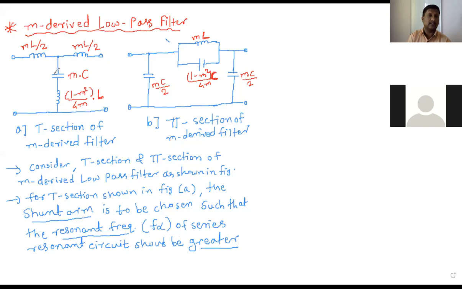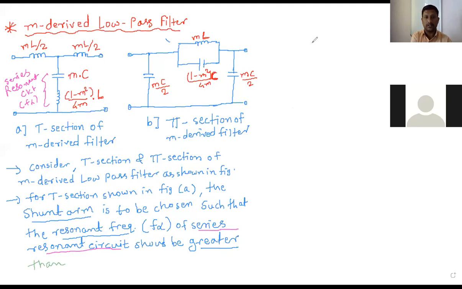this circuit, which will form a series resonance circuit having resonant frequency f alpha. So it is to be chosen such that the resonant frequency f alpha of the series resonance circuit should be greater than which value? Anyone can guess?